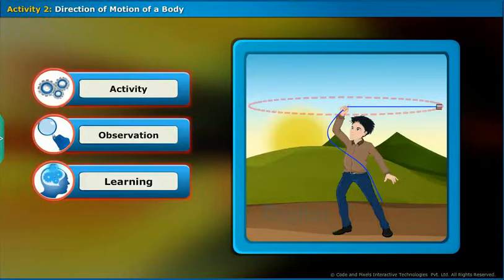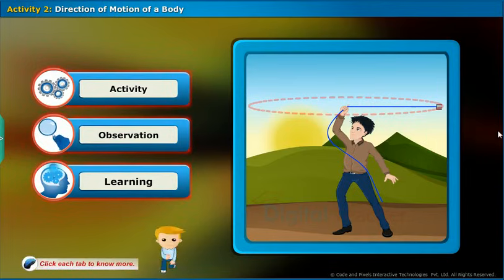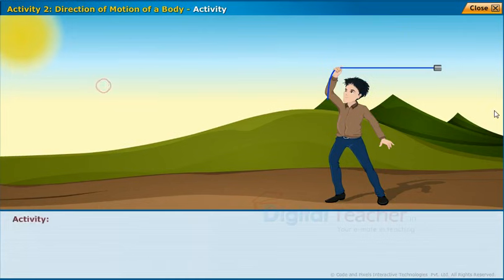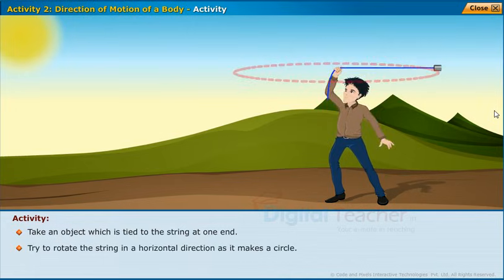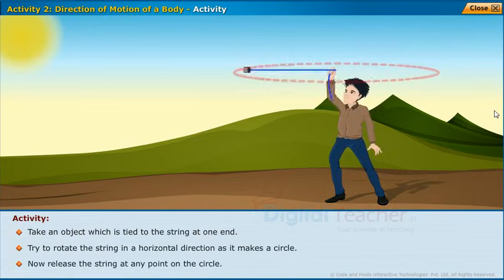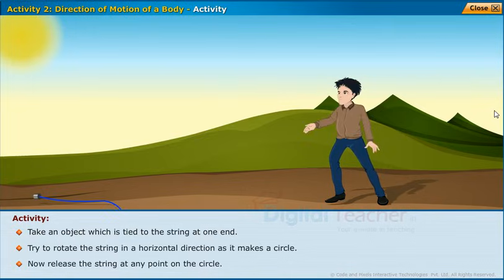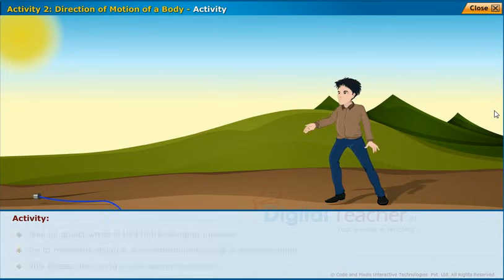Let us perform an activity for observing the direction of motion of a body. Click each tab to know more. Take an object which is tied to a string at one end. Try to rotate the string in a horizontal direction so that it makes a circle. Now, release the string at any point on the circle. Observe the direction of motion of the object.